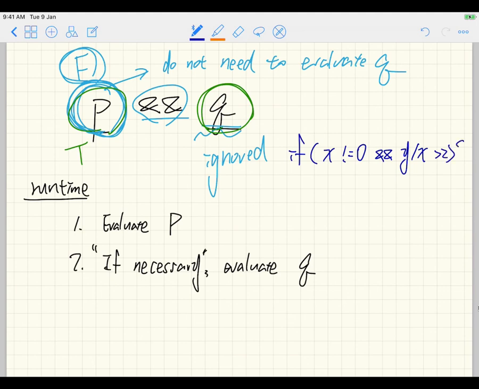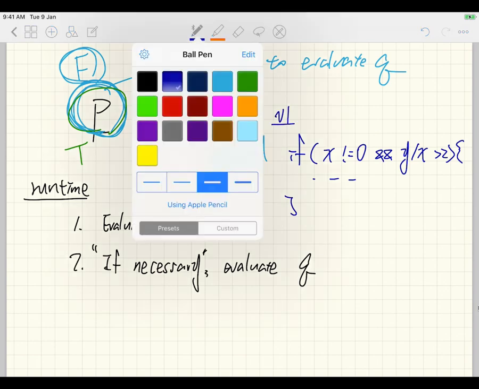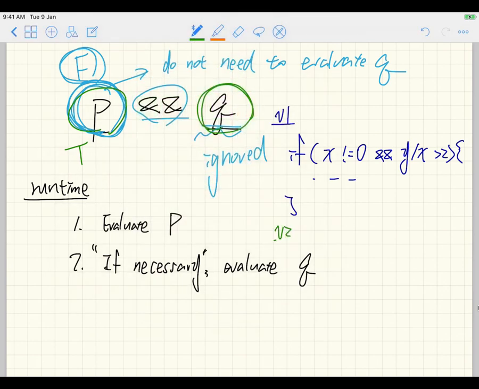That's the branching condition. This is version 1. In version 2, we simply swap the order: if y divided by x larger than 2 and x not equal to 0. The only difference is that we swap the condition order.